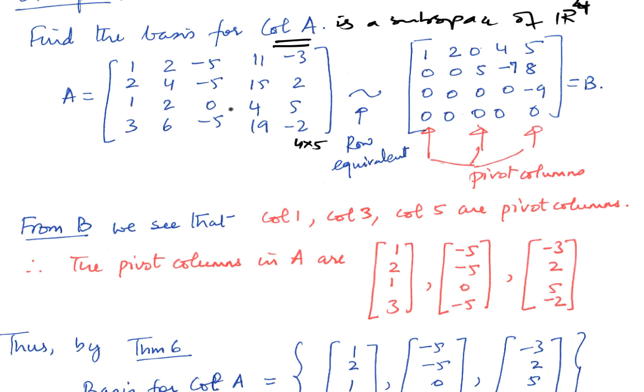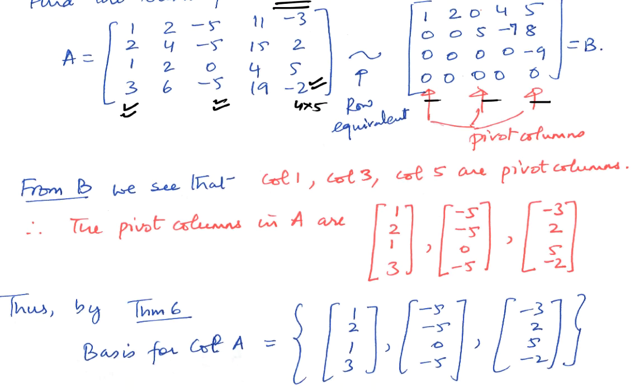Okay, so what we do is we apply the algorithm, we get the row equivalent form, so we get 3 pivot columns here in the row equivalent matrix. And then we go back and look at what are the corresponding columns. It is the first column, the third column, and the fifth column. These 3 columns will become the basis set for the column space of A. And that's it.